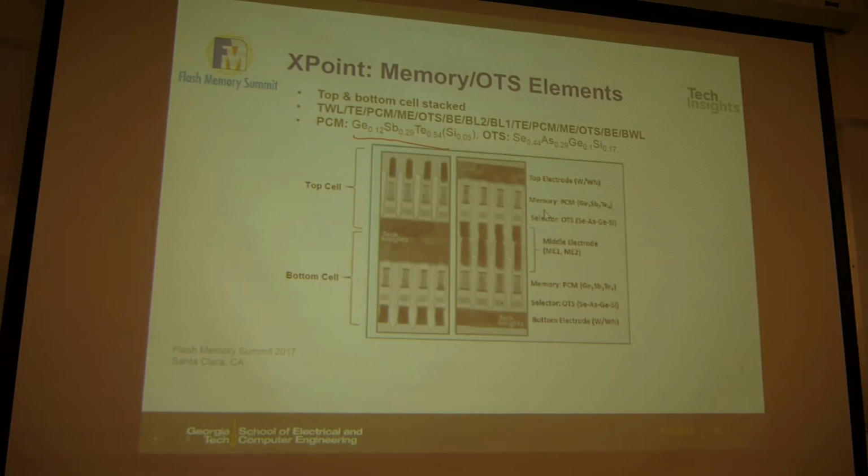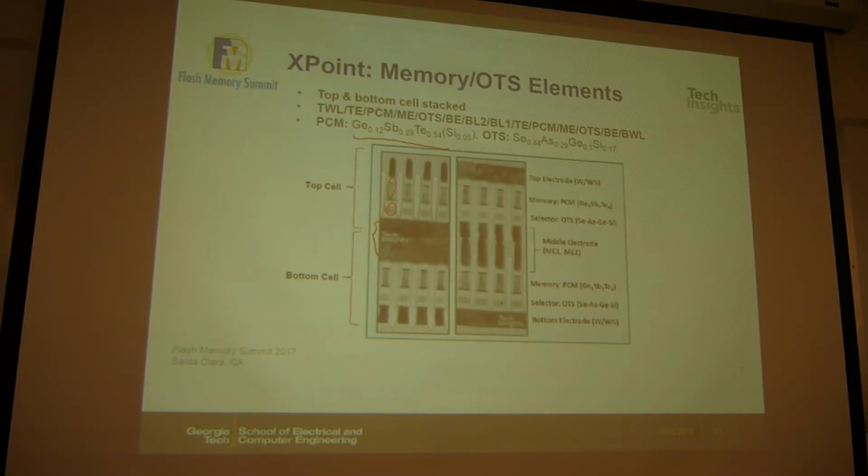And then this is a zoom-in view of that two-layer array from the side cross-sectional view. So this is a shared bit line in the middle, and then this is the top cell and bottom cell. And within each cell, you have the 1S, 1R.